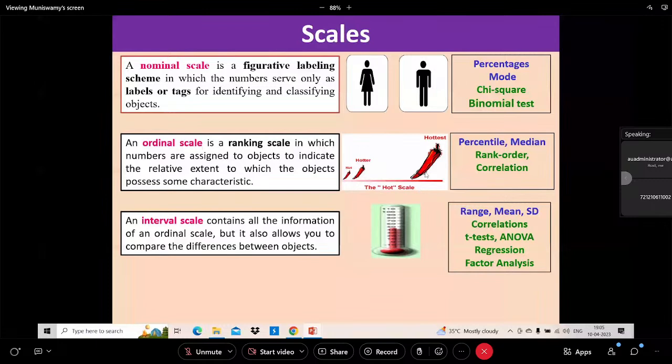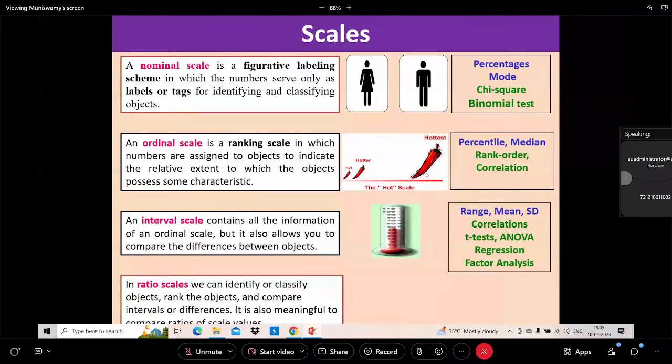If the data is in a ratio scale, ratio means, as I already told you, out of 7 feet, what is your height? 6.5 by 7, 4.5 by 7. This kind of data, we are going to apply our statistical tools like this.